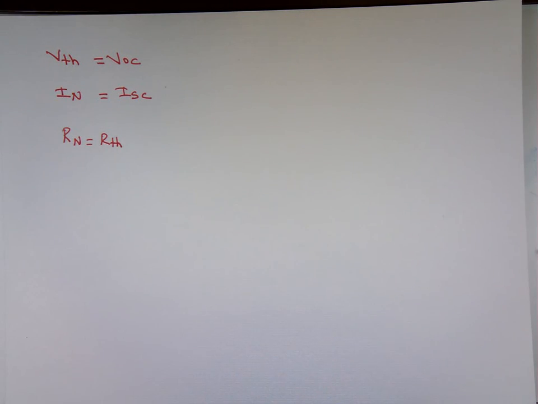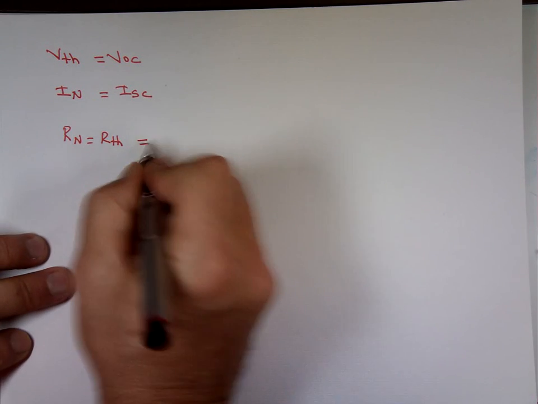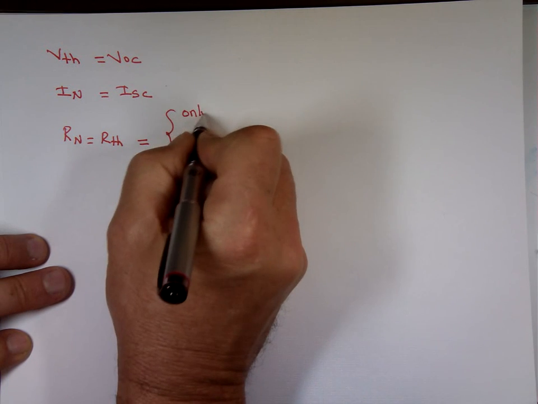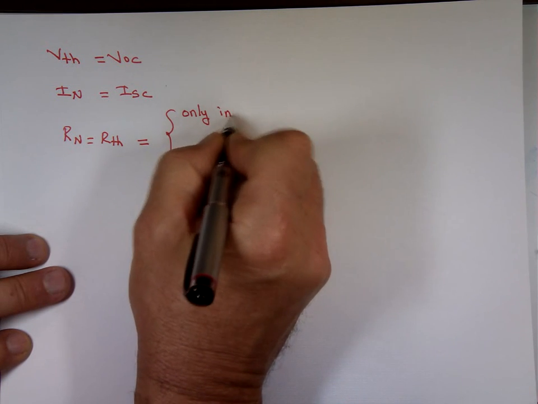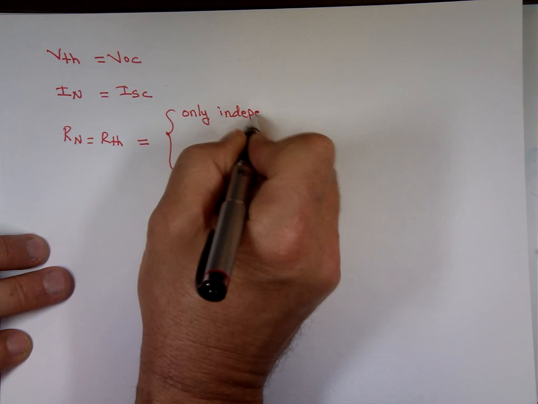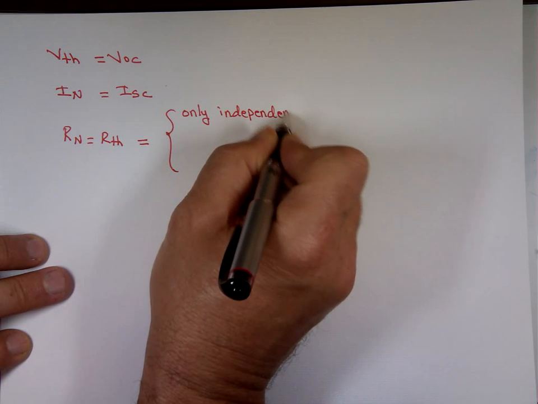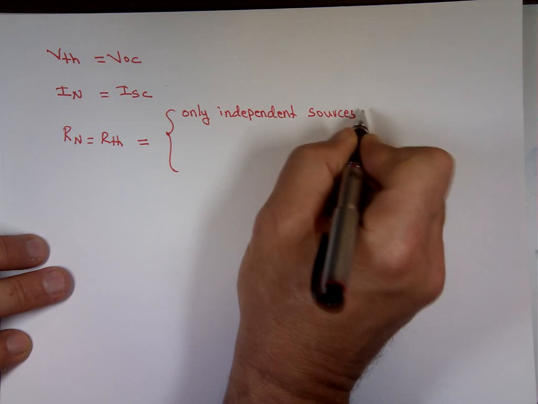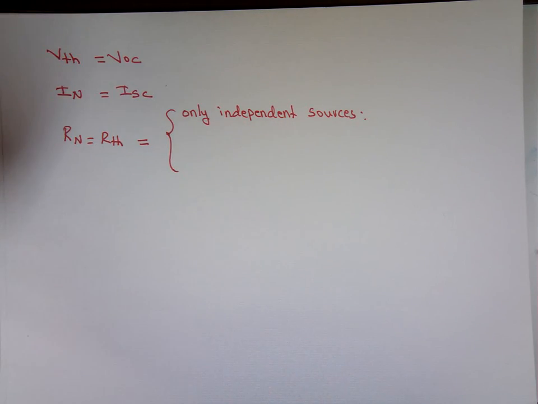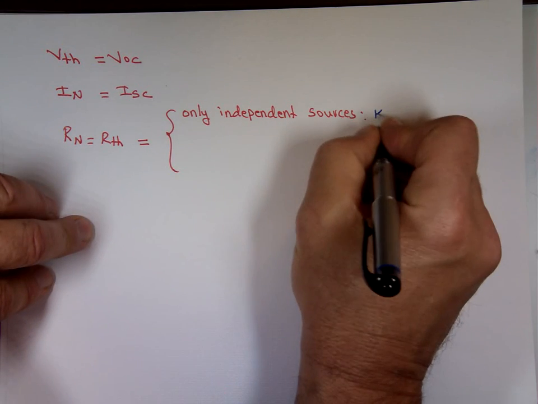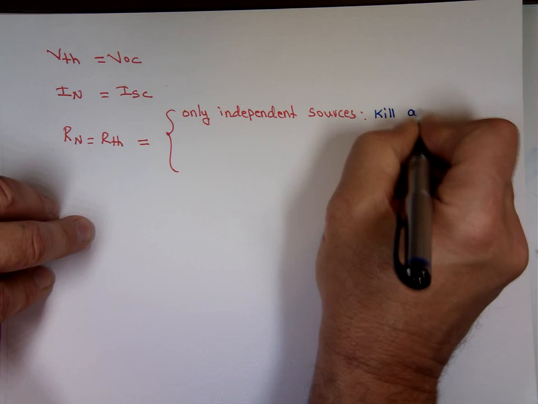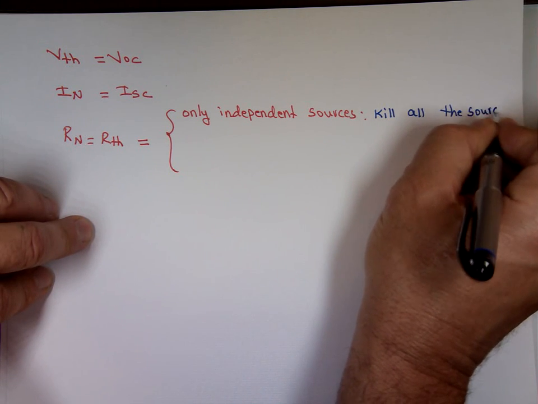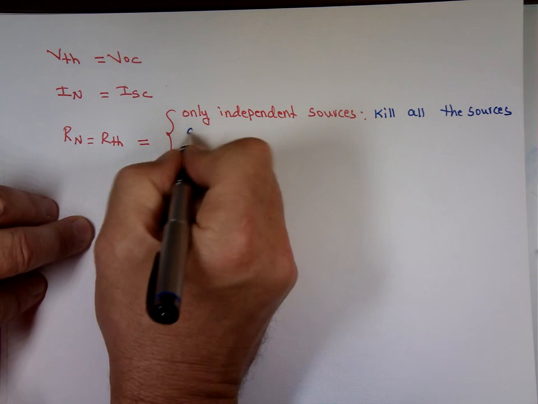So I gave you case number one. Case number one, I said if your circuit has only independent sources, we said, what do you do? You kill all the sources and find our equivalent.